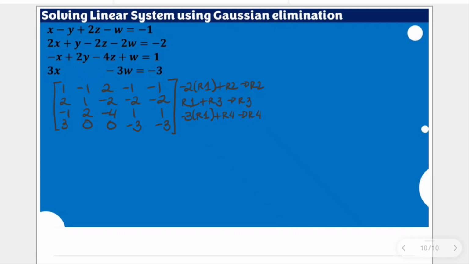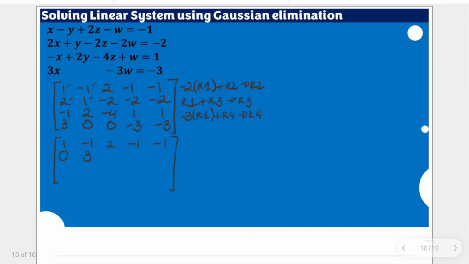So let's apply all of these operations here, and this might take long, so I still have spaces at the bottom. Again, the first row is still as it is, 1, negative 1, 2, negative 1, negative 1. And then for the first operation, negative 2 times 1 is negative 2 plus 2, 0. Next, negative 2 times negative 1 is positive 2 plus 1, that's 3.